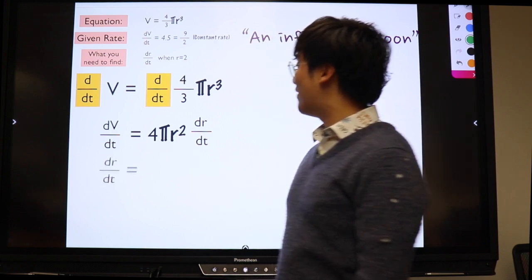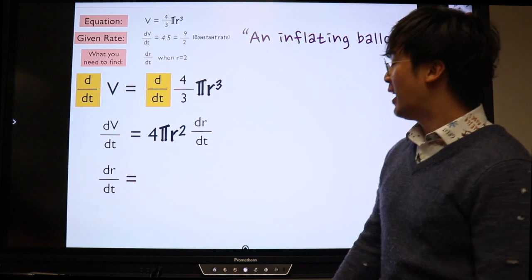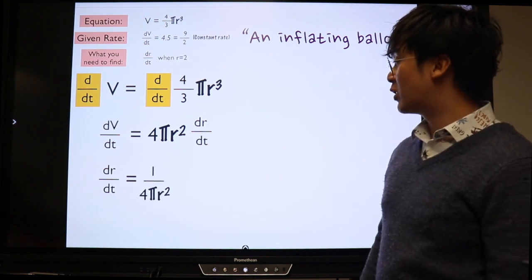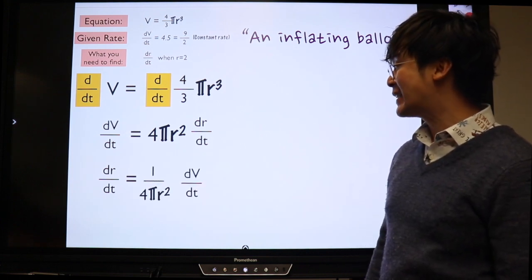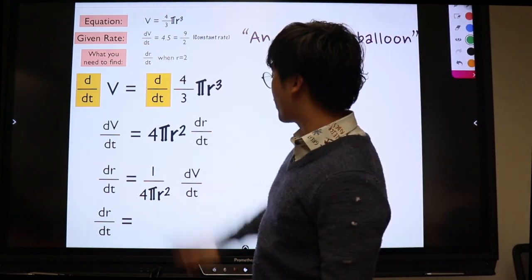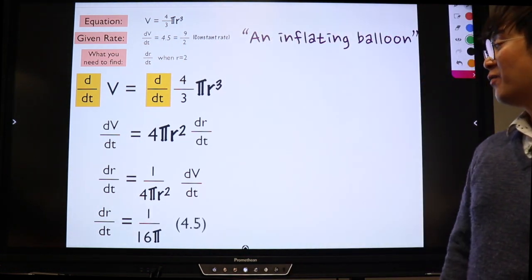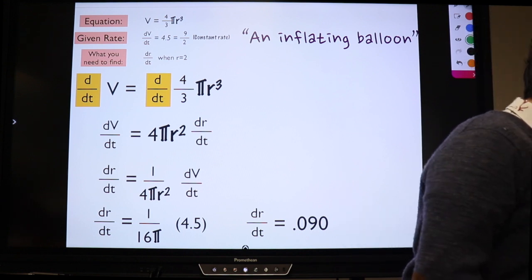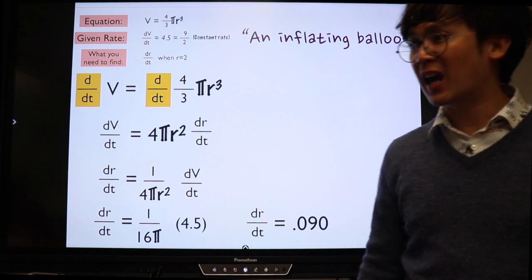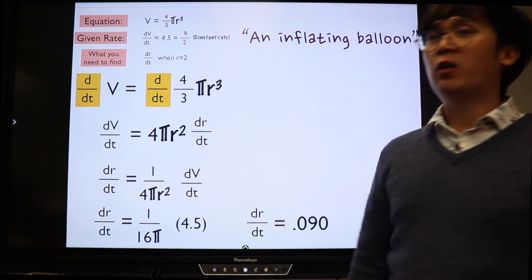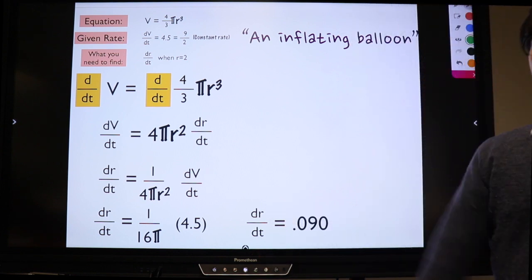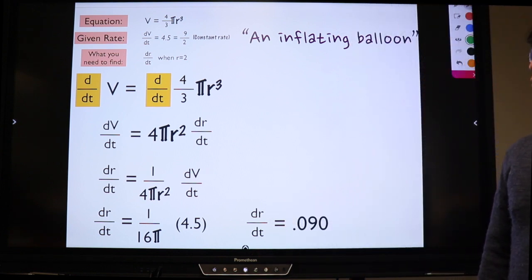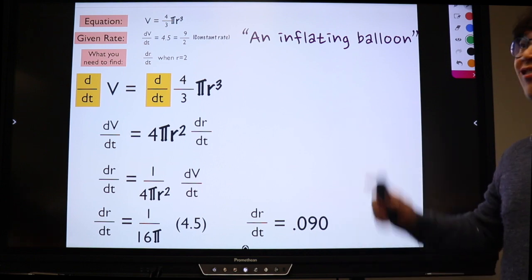And by plugging in the values, dr over dt is going to be 1 over 4 pi r squared times dv dt, which is 4.5. So our function will give us the same as what we have a while ago, right? 0.089 something. So that is how we use the related rates problem in answering problems like the inflating balloon.